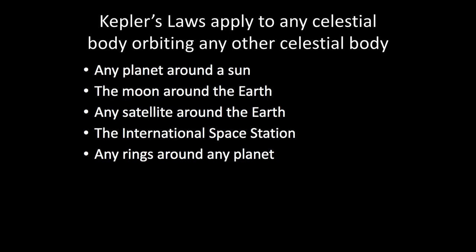And Kepler's third law is called the law of harmonies, which is a pretty sounding law. Which basically states that the closer a planet is to the sun, on average, the shorter its year will be. Planets that are really far away from the sun will have longer years.